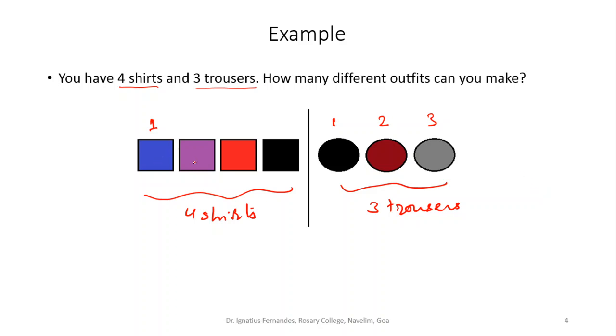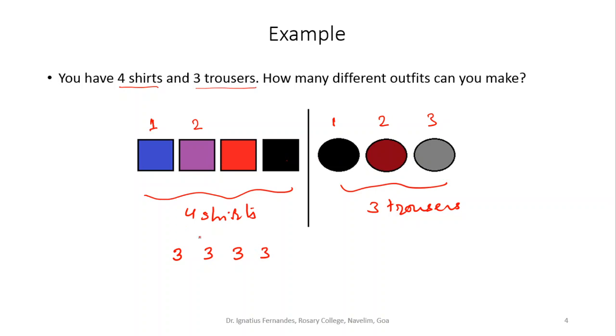So every shirt here will give me 3 outfits. The second shirt also will give me 3 different outfits, depending on which of these trousers I'm wearing it with. So the first shirt will give me 3 outfits. The second shirt will also give me 3 outfits. The red shirt will also give me 3 outfits, and then the black shirt will also give me 3 outfits, depending on which trouser we choose.